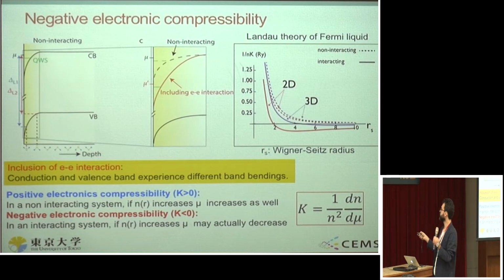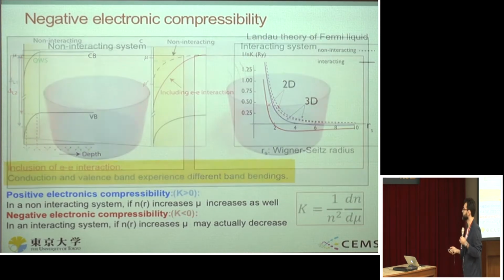You can see that when you have no interaction, it is always positive, which means that you have a positive compressibility, and that means that when you put in more carriers, your chemical potential shifts upward. But if you include interaction, interestingly, at some limit it becomes negative, which means that you have a negative compressibility. In a very simple sense, it means that when you put in more carriers, your chemical potential shifts downward instead of upward.